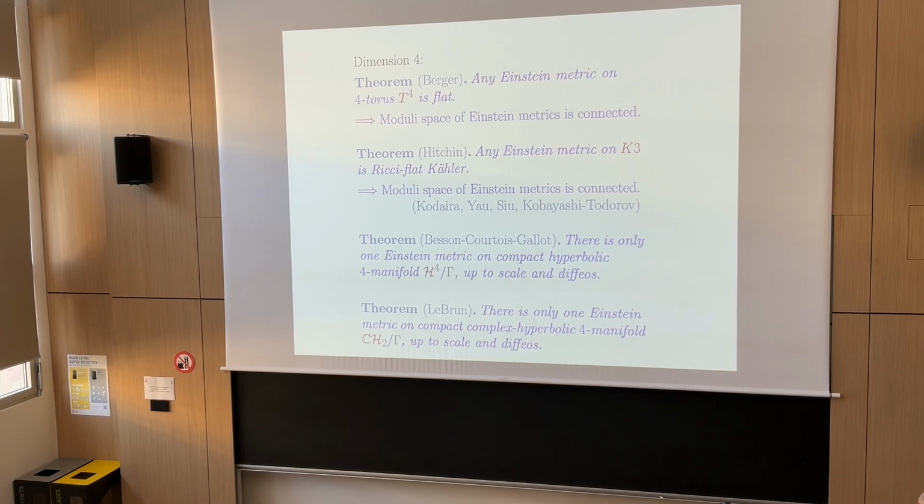So here, there's a different infinite class of compact complex hyperbolic 4-manifolds. These are things which naturally arise as manifolds with a complex structure. The universal cover as a complex manifold is the unit ball in C2.